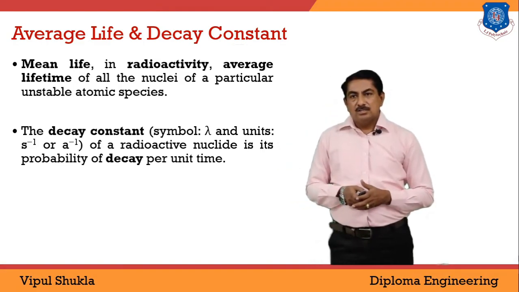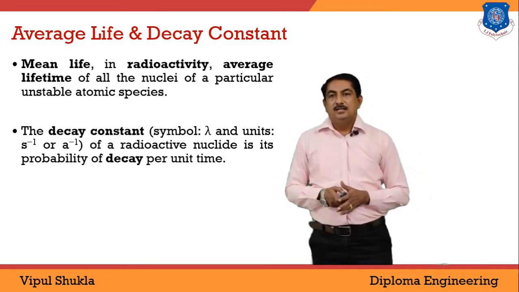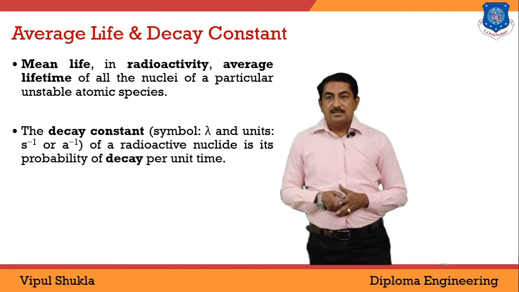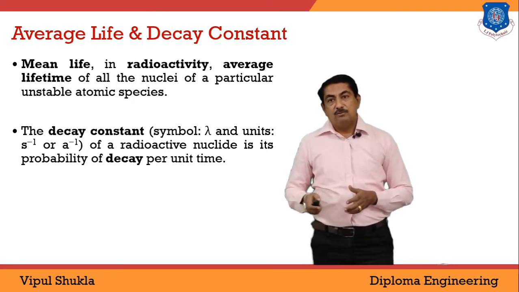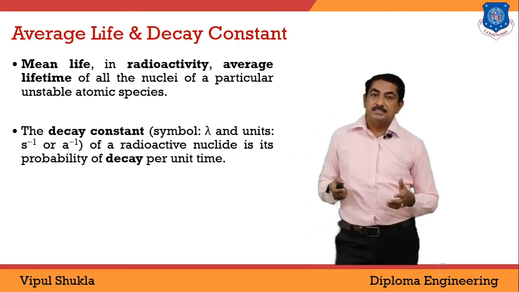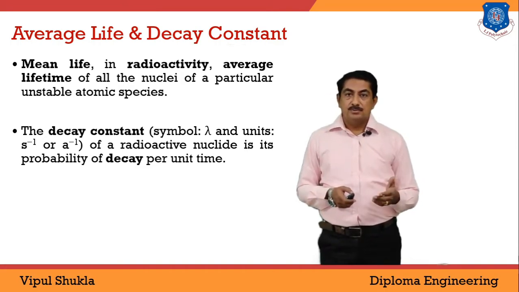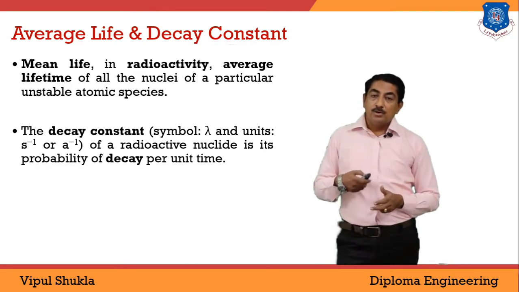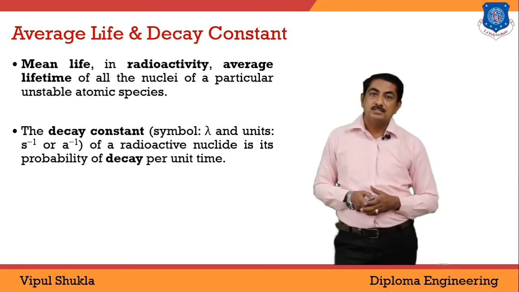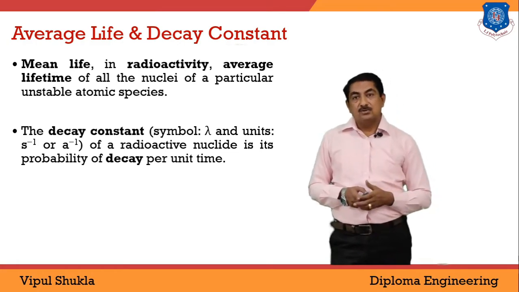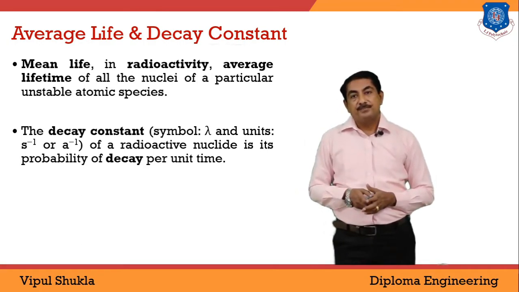What is decay constant? The decay constant is the decay of a radioactive element per unit time. From the definition of radioactivity, we know that radioactivity is a property of elements like uranium or isotopes like carbon 14 of spontaneously emitting energetic particles like alpha particles, that is helium nuclei, or beta particles, that is electrons.